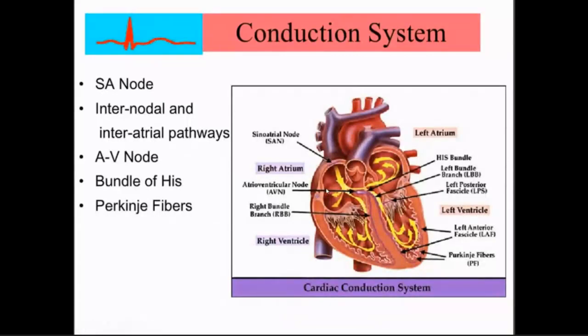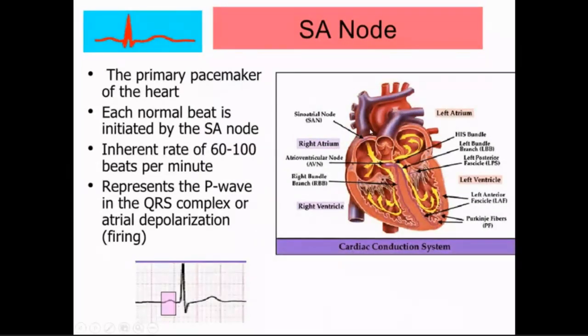So the conduction system again is composed of the SA node, the internodal and interatrial pathways, followed by the AV node, followed by the bundle of His, and followed by the Purkinje fibers. The SA node is the primary pacemaker of the heart. Each beat is initiated from the SA node.